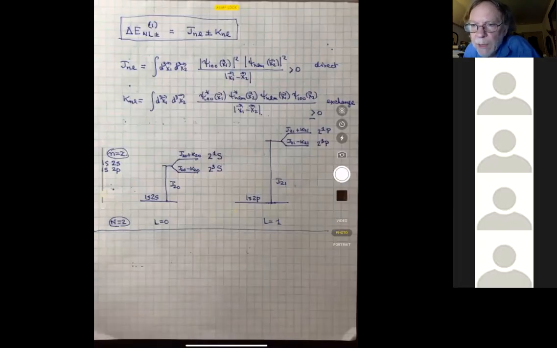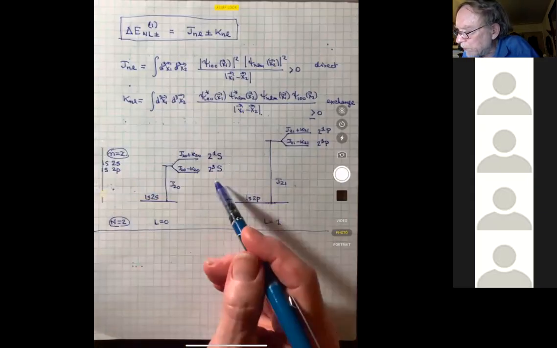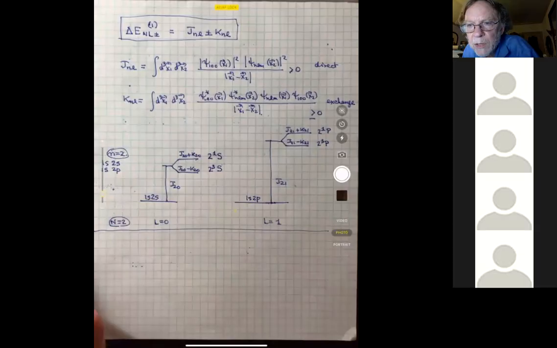If you have more than 2 electrons, then you have more possible spin values you can run through. But basically, the higher the spin value, the more symmetric the spin state becomes. Therefore, by the symmetrization postulate, the spatial wave function must become more antisymmetric.